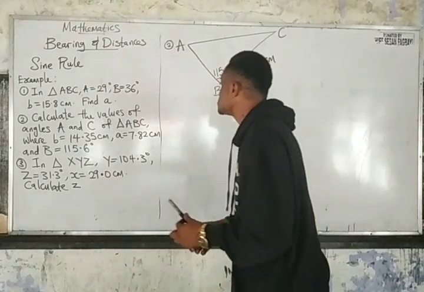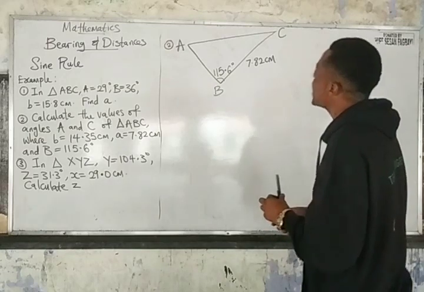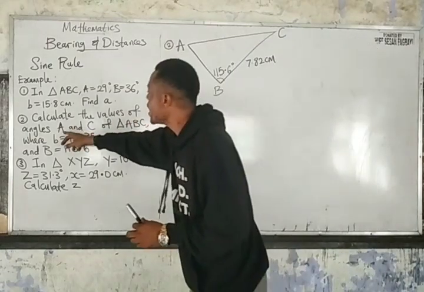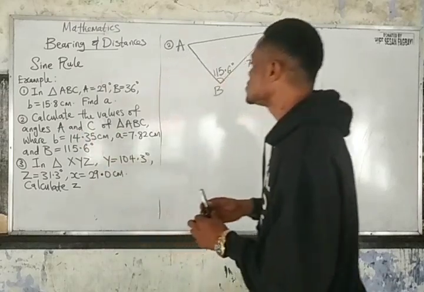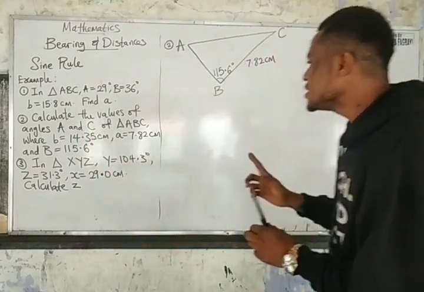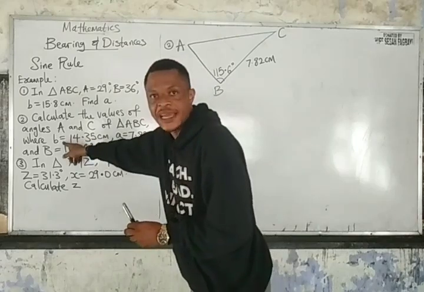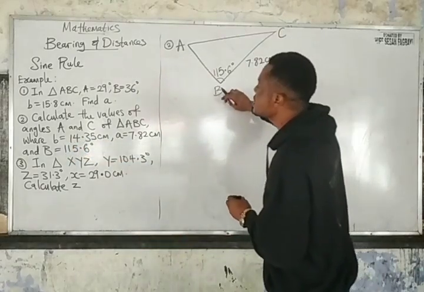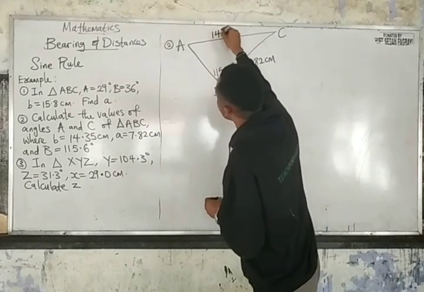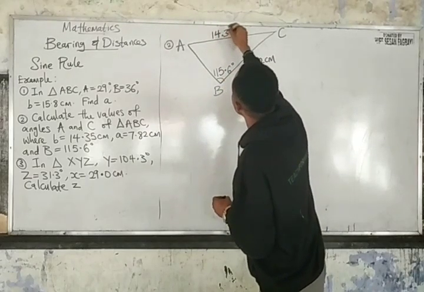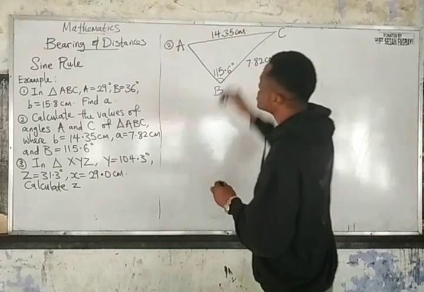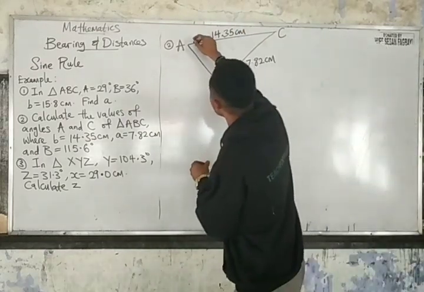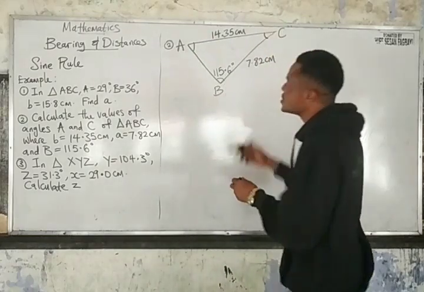And we have to find the angle A and angle C. We have the side b, which is 14.35 centimeters. Now it is clear. We have to find angle A and angle C.